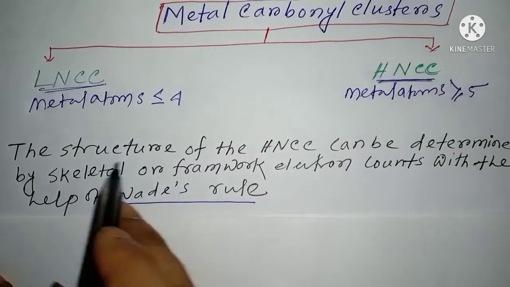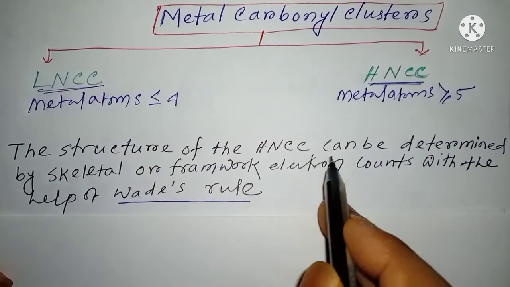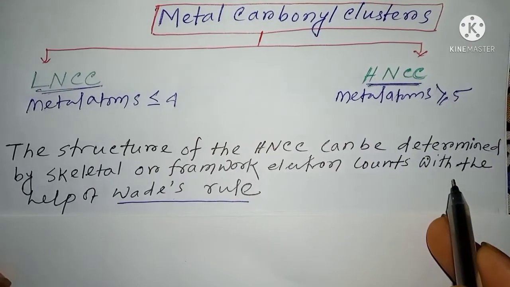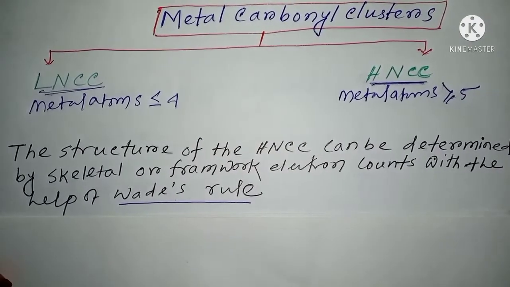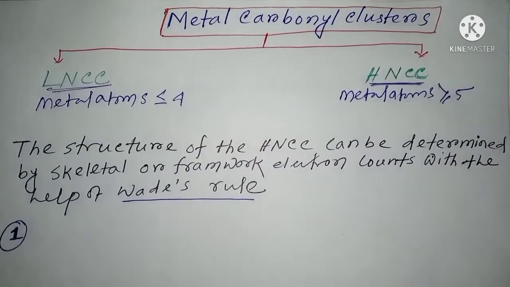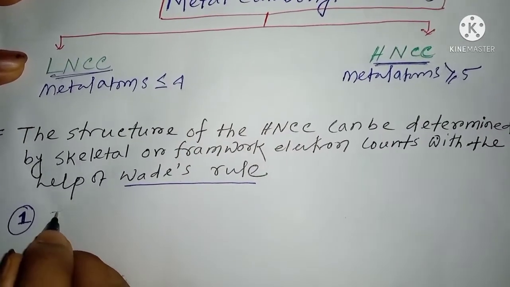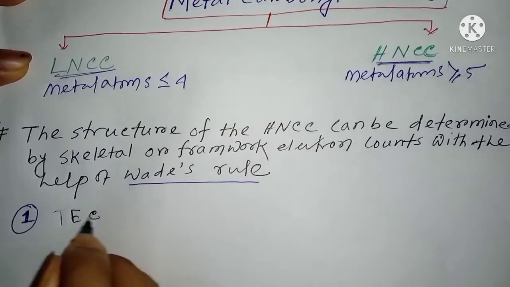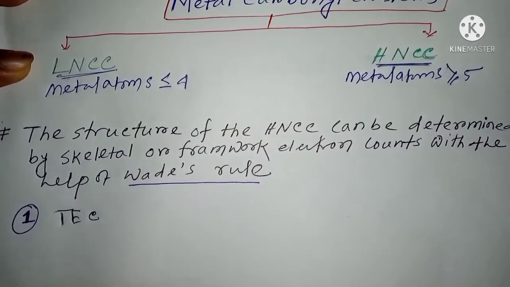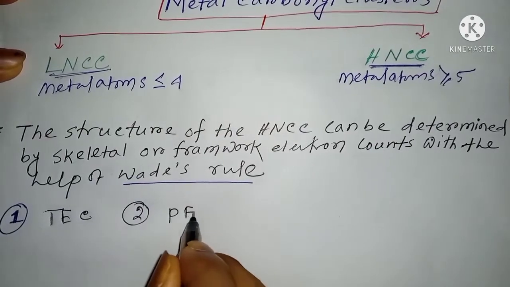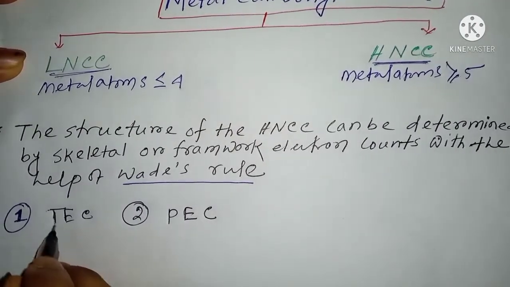The structure of the HNCC can be determined by the skeletal or framework electron count with the help of Wade's rule. Now rule number 1: first calculate the total electron count. Then second, calculate the polyhedral electron count.